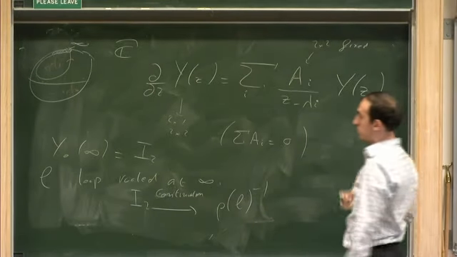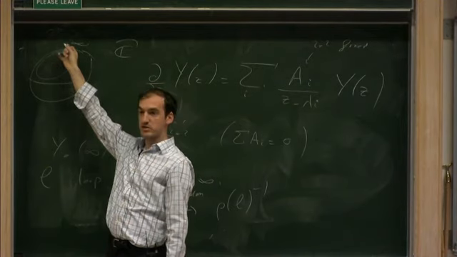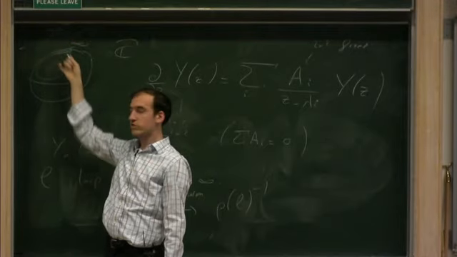Okay, so that's a well-defined thing. It's going to depend, of course, on the homotopy type of the loop. But if you deform your loop continuously, it's not going to change this matrix.